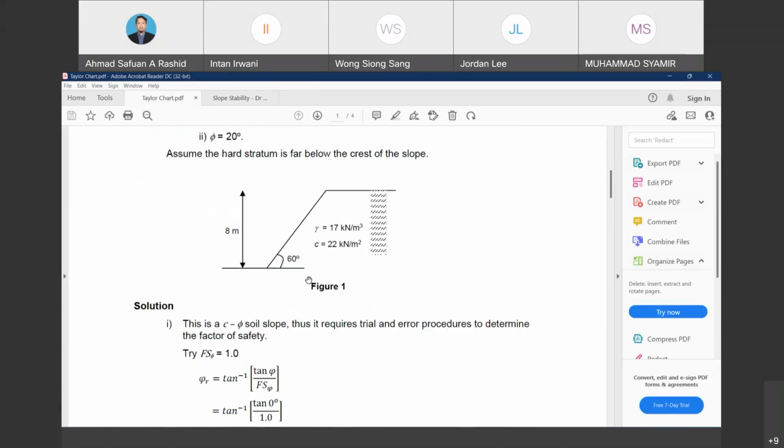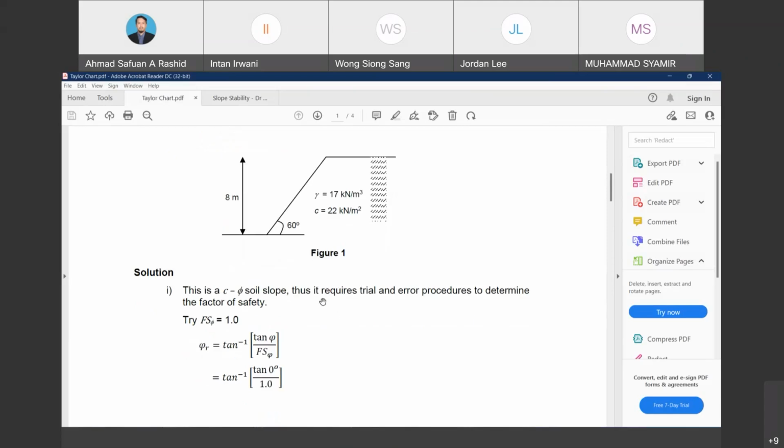So for the first case, this is the C soil slope, because in Taylor, he has proposed two types of chart. The first is only for the C chart, while the other one is for C and phi soil slope. So for this case, we have a C and also the phi, so we need to use the chart which contains C and phi.